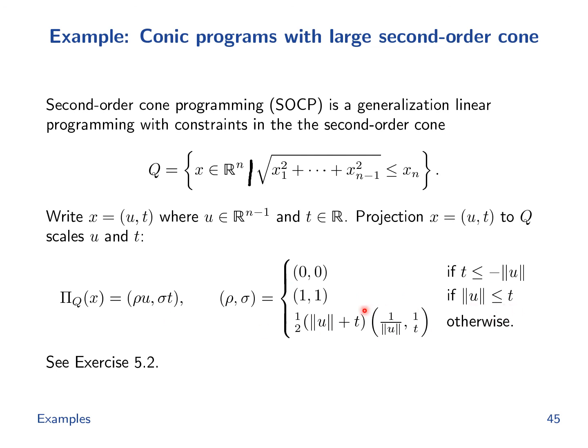When this inequality holds, it returns the same point because the point is inside the cone. Otherwise, you have to calculate this. Note that the main cost of this calculation is taking the two-norm of the first n-1 components and scaling the entries.